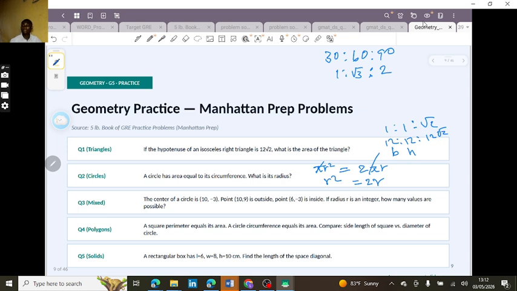Just cancel r first, the most logical choice. If you cancel r, you are going to have r equals 2.